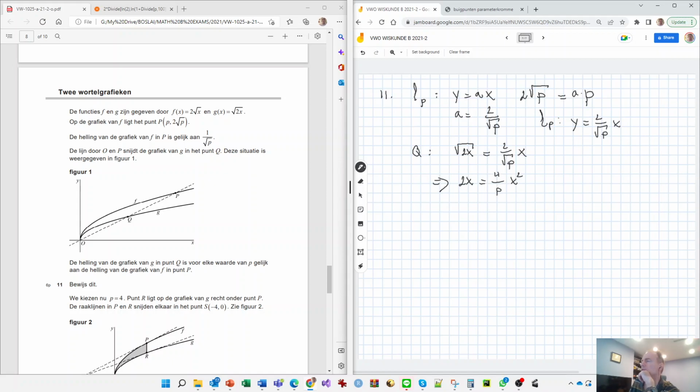So 4p x squared minus 2x is 0. Factorize 2x: 2x times (2 over p x minus 1) is 0.